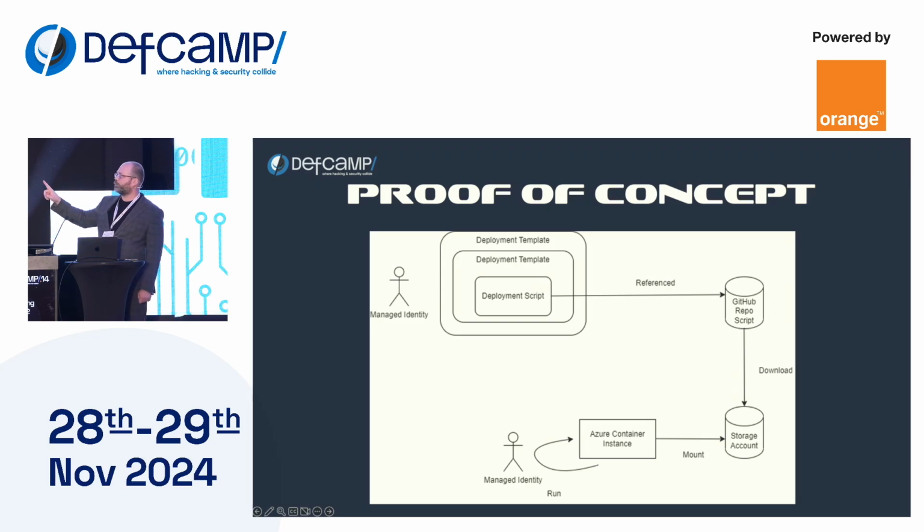The deployment script will be in the GitHub repository. And we will need to have a storage account where this deployment script will be downloaded. And because we are using the deployment script, Azure will automatically create and run an Azure container instance for us. And it will mount the storage account, and it will run the PowerShell script from that storage account.